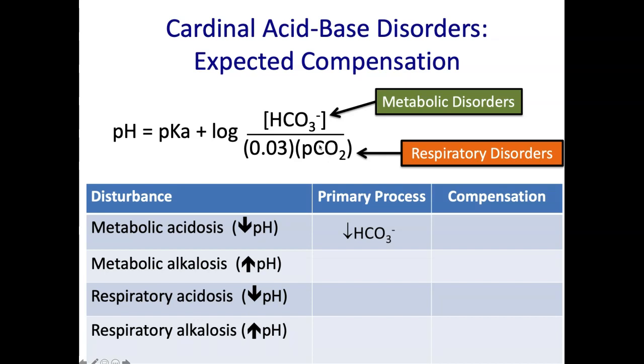Well, in order to mitigate a change in the overall pH, I would want the PCO2 to drop in a similar fashion so that the overall ratio doesn't change too much. So if I was designing the human body, what would be the compensation? It'd be something that drops the PCO2. Okay? The primary process for a metabolic acidosis is that the bicarbonate gets low. If I was going to try and mitigate the change to the pH, I would drop the PCO2.